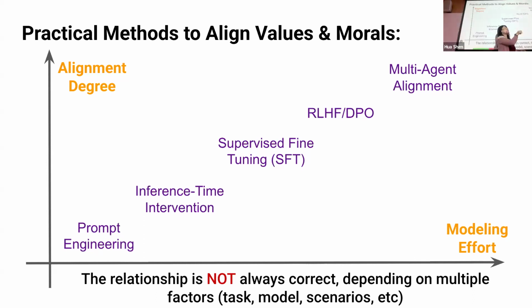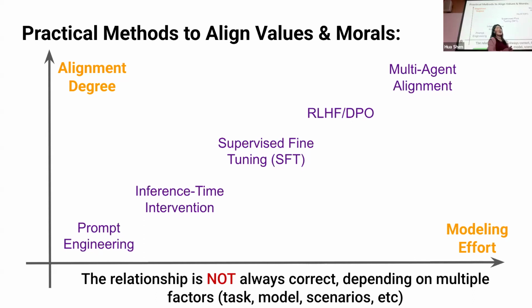RLHF is usually based on SFT. So RLHF usually does one SFT first and then does some specific reinforcement learning with a reward model. So from my understanding, often RLHF would have a better capability or alignment degree than SFT. But actually, I know that in some empirical studies, it is not always the better one. So it really depends on the case.